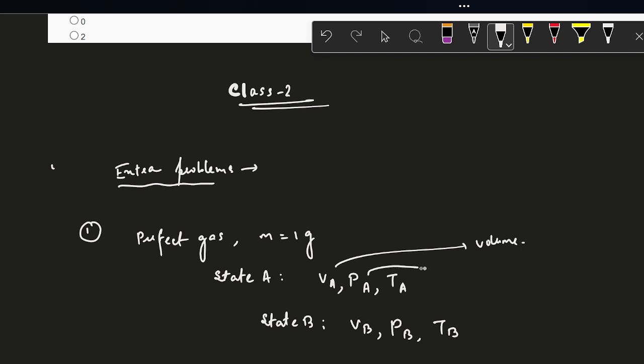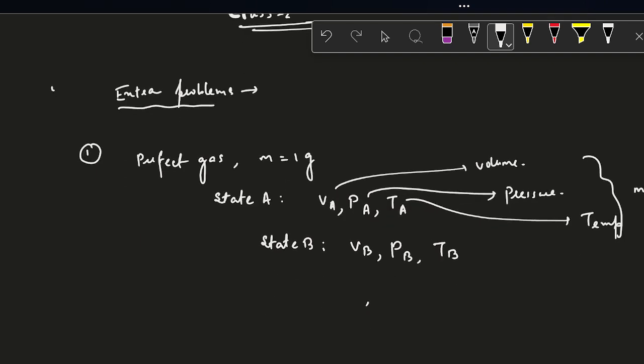By V we mean the standard volume, by P the standard pressure, and by T the standard temperature. All these three are the macroscopic parameters to identify a macrostate of the system.